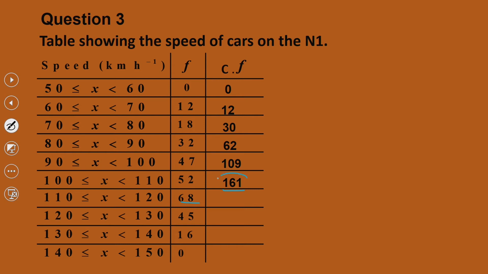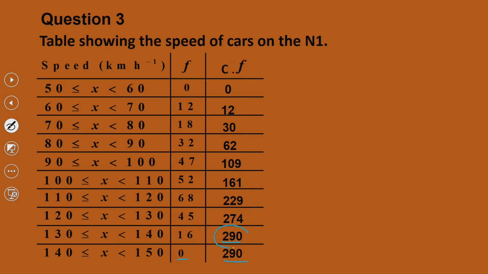Then we go on and say 161 plus the 68, that will give you 229. 229 plus 45, absolutely, 274. Then 274 plus the 16 will give you, wow, you're good, 290.